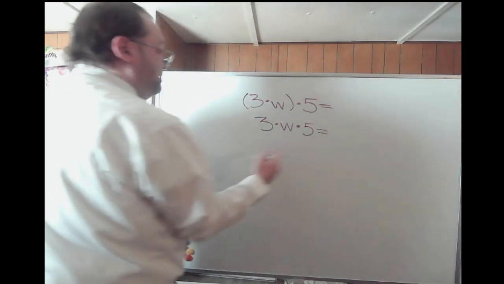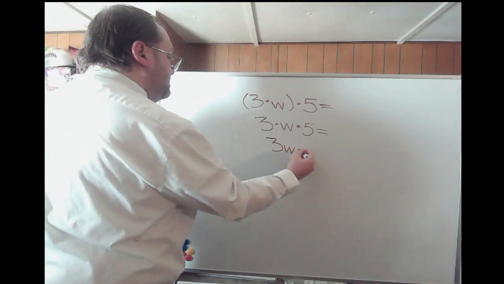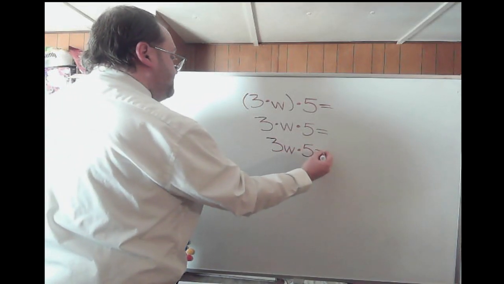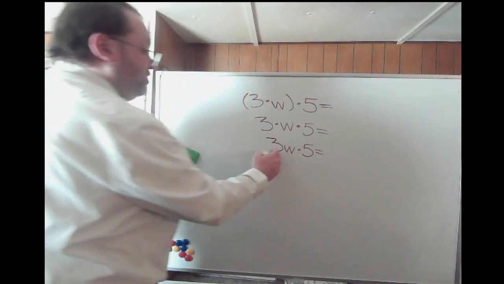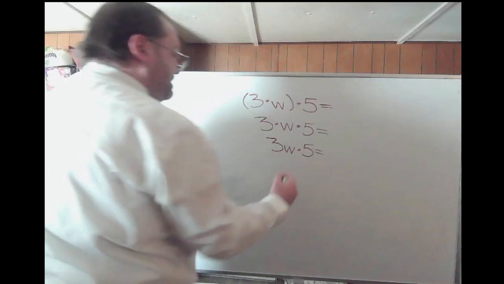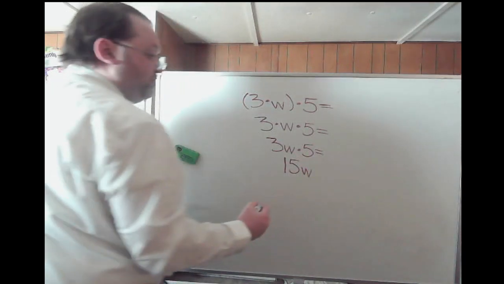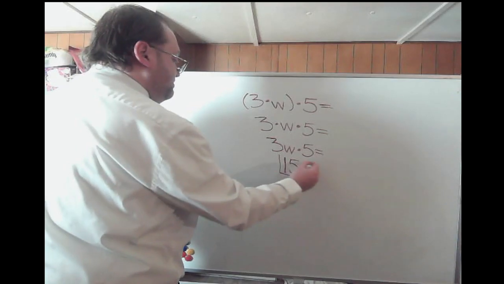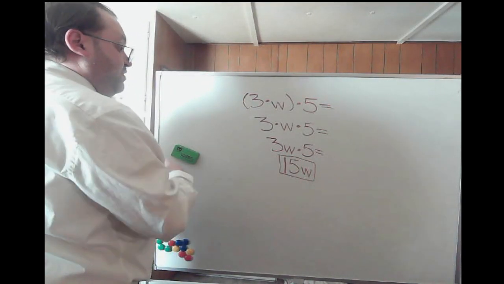Well, now you just work from left to right. 3 times w, that's 3w. All that times 5. Whenever you have a variable term times a constant, you just simply multiply the constants, and you would get 15w. The variable power doesn't change. You would just get 15w. So that would be your answer.